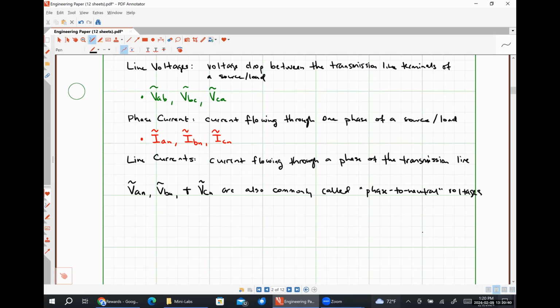So VAN, VBN, and VCN are also commonly called phase to neutral voltages. VAB, VBC, and VCA are also commonly called line to line voltages.